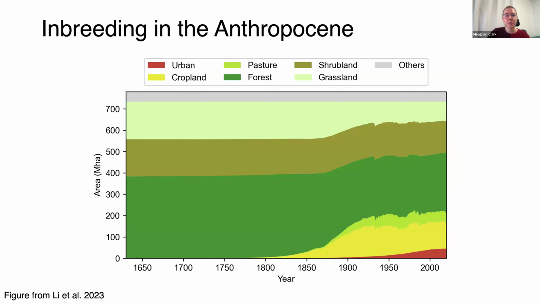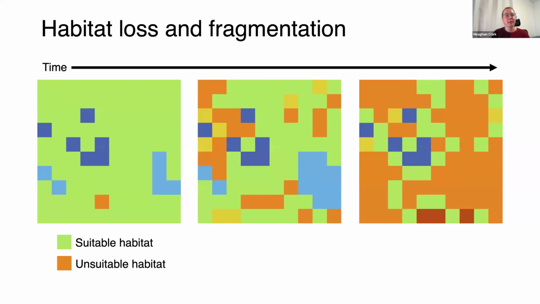And although timescales vary, many of these changes in land use have occurred rapidly over the past few hundred years, giving wild populations little time to adapt to these new conditions. The populations that remain in these habitat fragments are often small and isolated, leading to concerns about increases in inbreeding, loss of genetic diversity due to drift, and inbreeding depression, and ultimately concerns about the ability of these populations to persist.